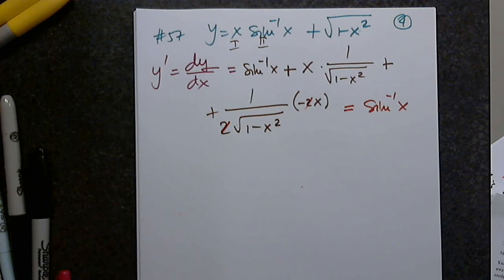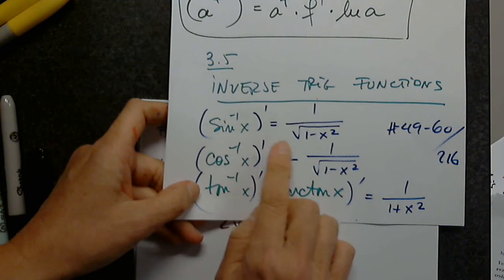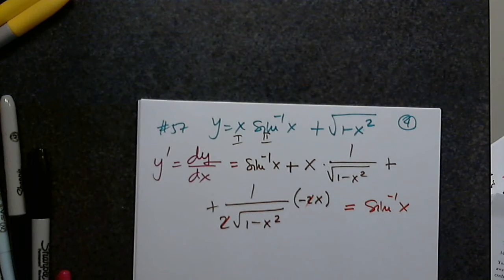Yes, Stephen? I guess I'm confused where the 1 over the square root of 1 minus x squared came from. You're saying this one? Yes. Okay, so let's do this again.